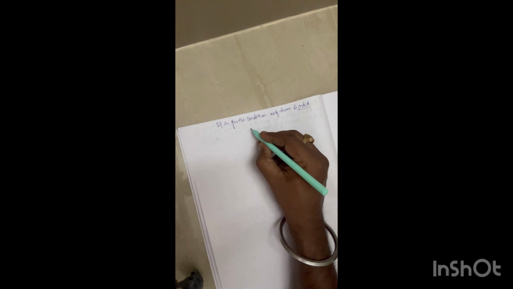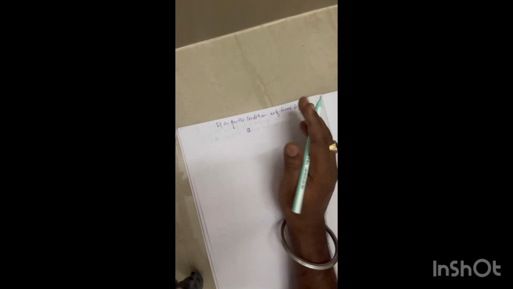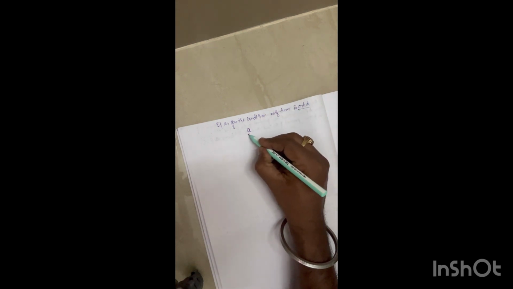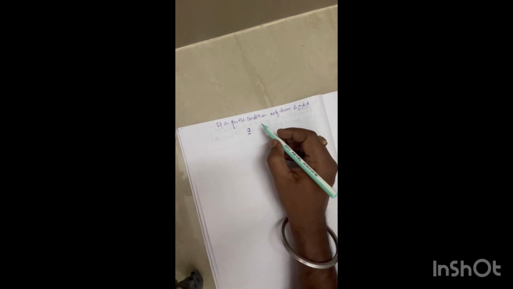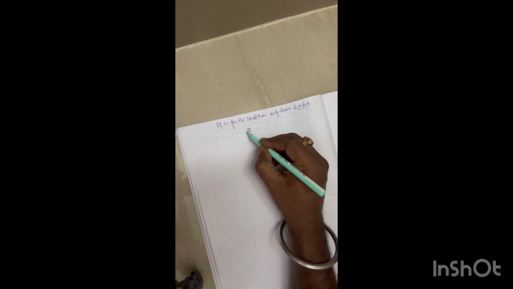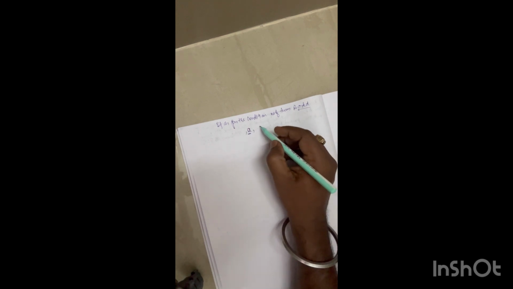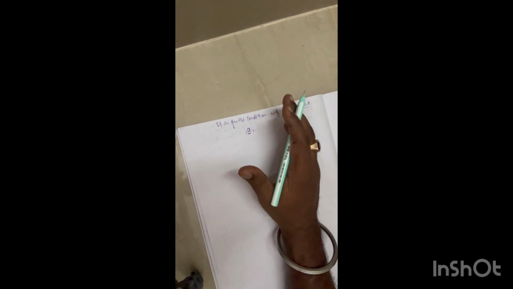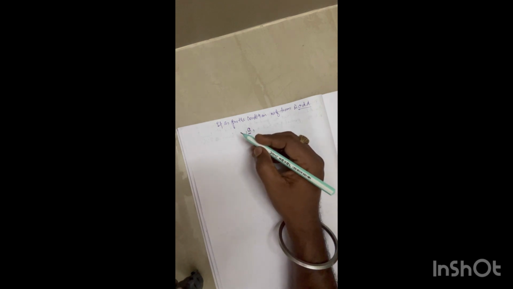Just remember that we will start with the middle term, and the middle term will be without any common difference. I will keep only a single a in the middle. Why am I saying middle term? Because on either side consecutively I will go on subtracting or adding the common difference, which we can assume is represented by d.